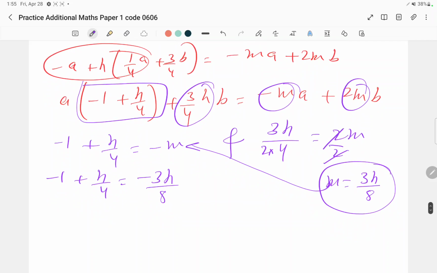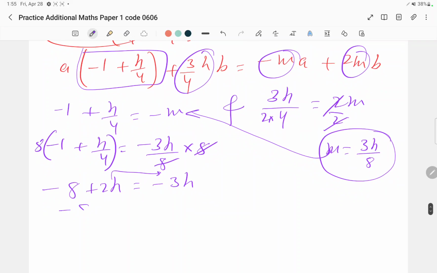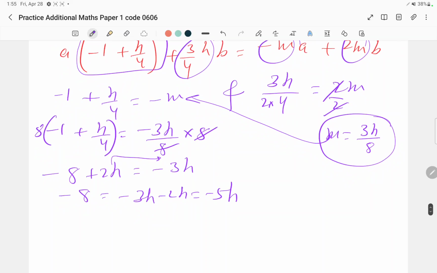Now just multiply by 8 both sides. 8 and 8 cancel. 8 times minus 1 is minus 8. 8 times H over 4, that's 2H. And here it is minus 3H. Now take that side. Minus 8 equals minus 3H minus 2H, which is minus 5H.